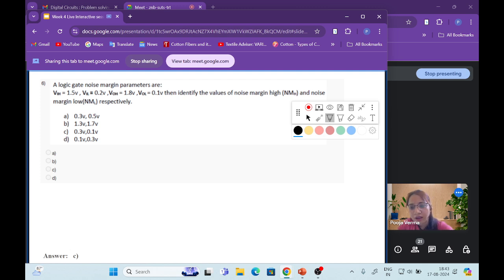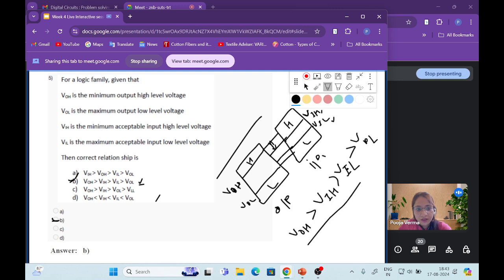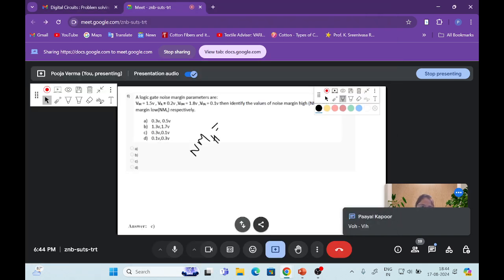So noise margin high is represented by NMH. How can we get it? Already you have seen in the previous video, noise margin high is the difference between these two, because this is output minus input noise margin we need to find out. So the formula is VOH minus VIH.